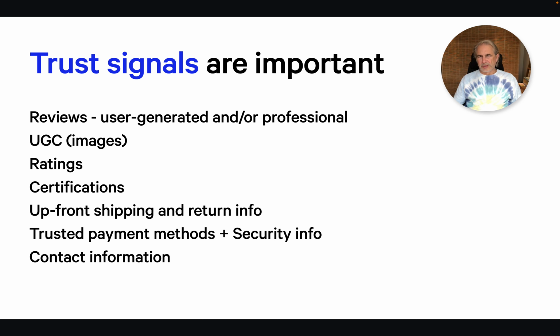Typical trust signals are reviews, user-generated content like pictures on Instagram where somebody is wearing a particular product or brand, certifications, trusted payment methods, for instance, that they accept credit cards that you feel comfortable with, and of course, not least, if it's an unknown brand, that you can actually see contact information, so that you can see where the brand is coming from, and who you should contact if you have any questions or something needs to be adjusted in your order, for instance.